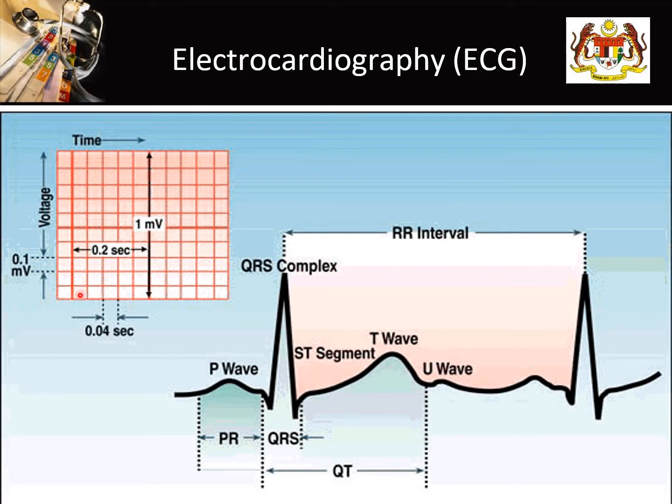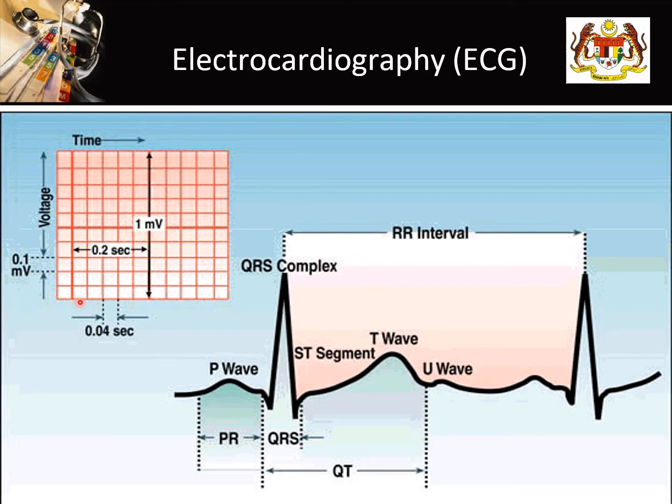The x-axis represents the duration, or time, of the cardiac activity, and the y-axis represents the current, or the voltage, of the ECG wave. Okay, we go to the x-axis first. The time and duration are very important, like I mentioned just now, because we want to know whether the PR or QRS complex is prolonged or not.